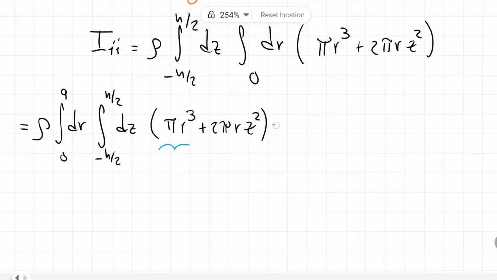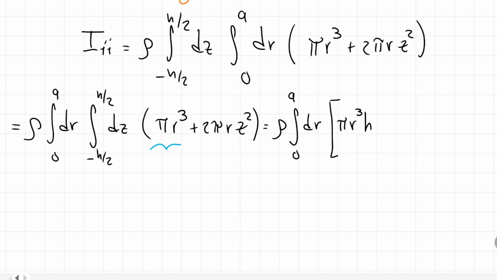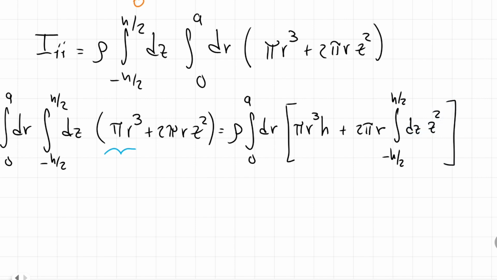that this is going to be equal to the density, the integral from 0 to a dr, and then times pi r cubed h, and then plus, let me split this like this, 2 pi r, the integral from minus h over 2 to h over 2, dz z squared, like this.